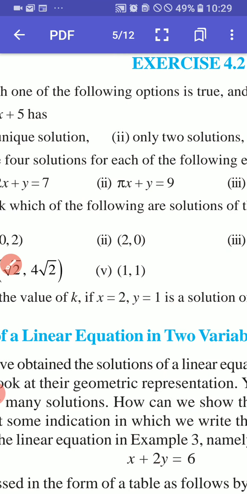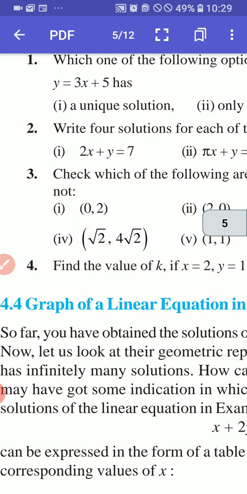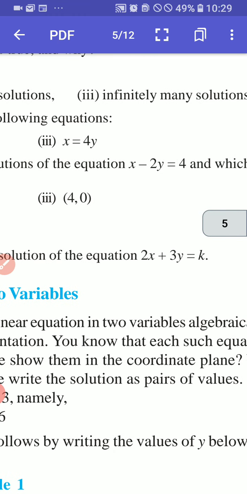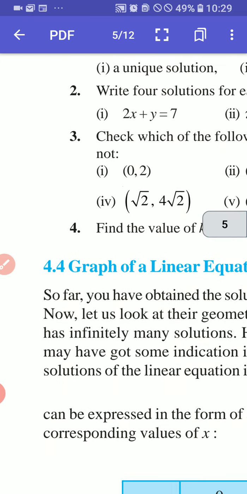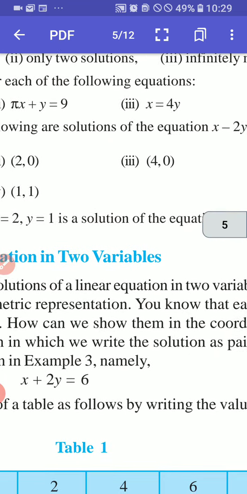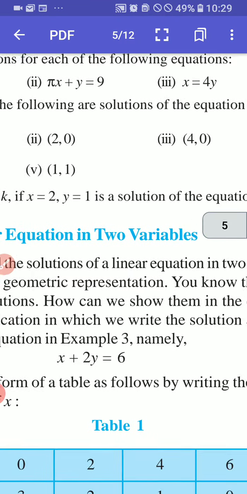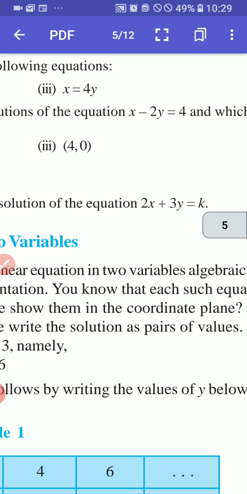Now come to the question number third. Check which of the following are solution of the equation x minus 2y equal to 4 and which are not. Right? The pair which satisfy the given equation.